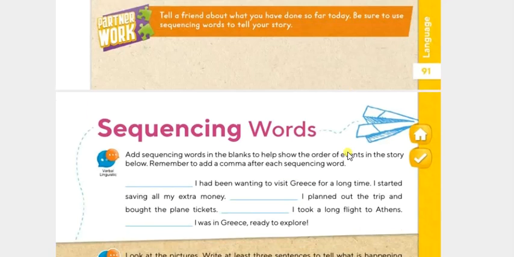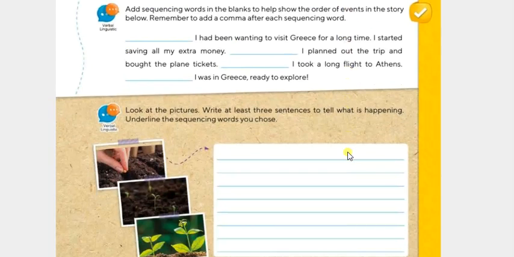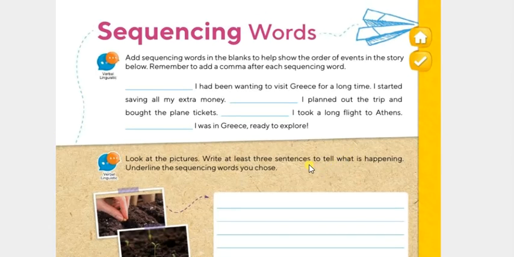So, we have to go to the next page. In the next page, you have this exercise. Well, there are 2 exercises, okay? That means that you have to write the sequencing words that are missing in the blank spaces according to this narrative, this story.